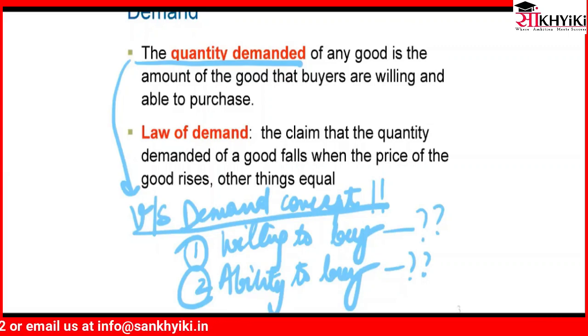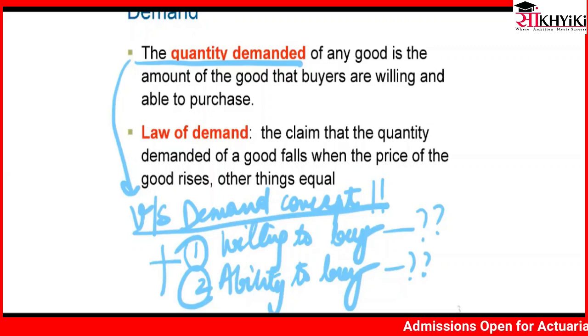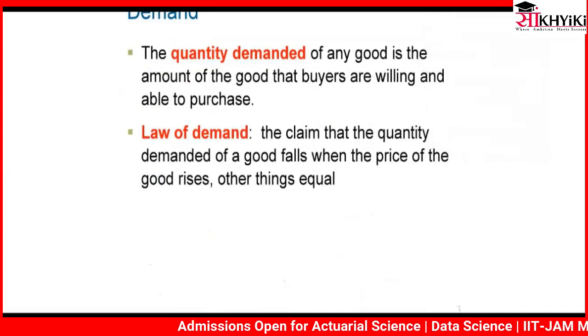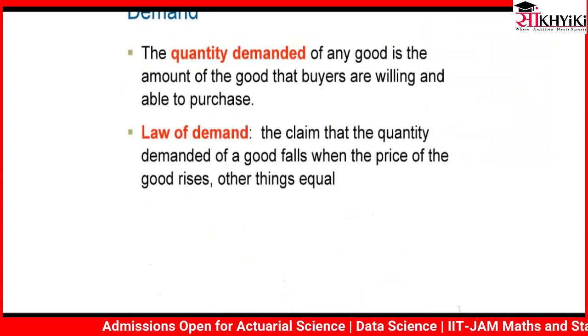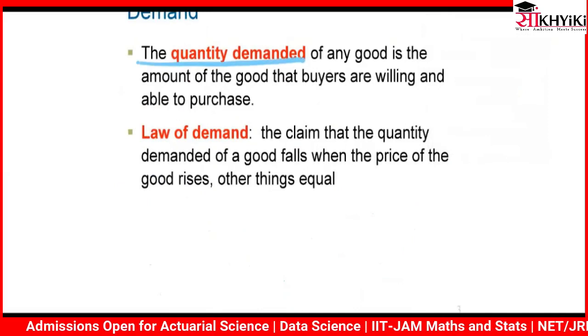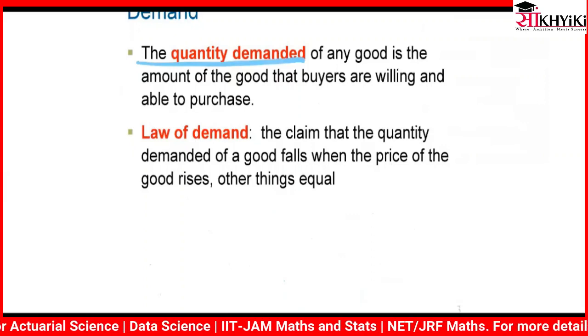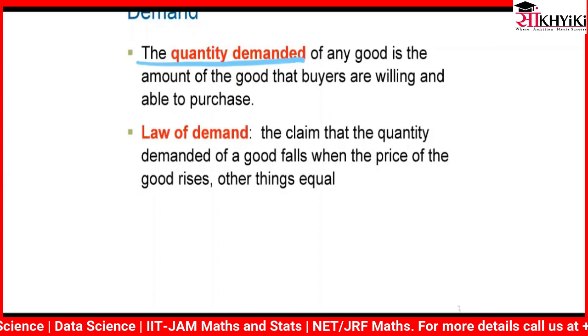Now, if I have both, if I have the willingness to buy a thing and at the same time I have the ability to buy a thing, then that completes the concept of demand. In such a case, whatever amount I buy at that particular existing price becomes the quantity demanded.